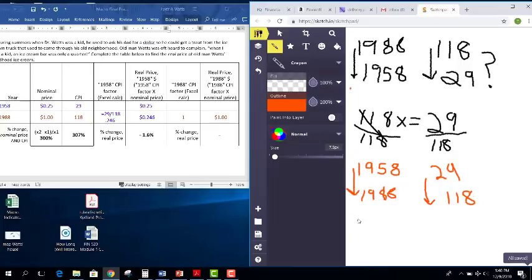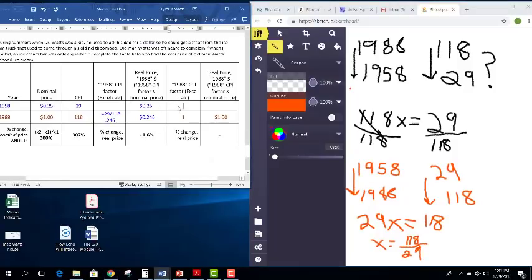We started at 29 and we're coming up to 118. So the math's going to look like this: 29 times x equals 118. Solve for x: x equals 118 over 29.